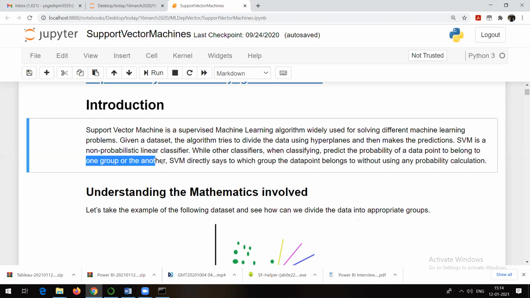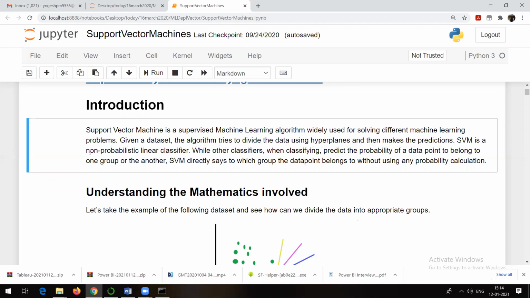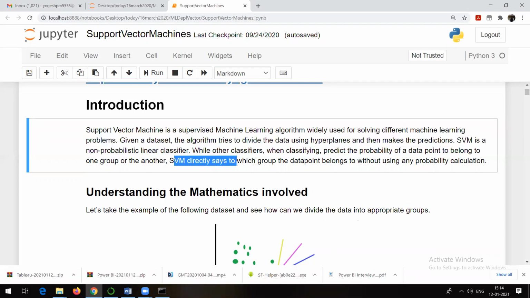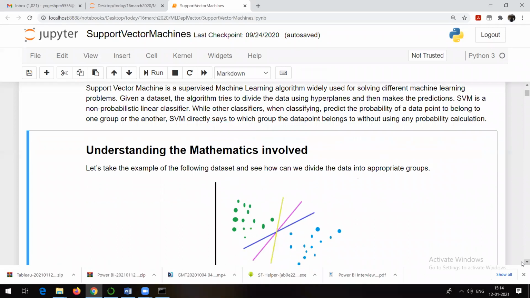That means they make use of probability, but support vector machine does not, and that is the reason why it is called a non-probabilistic linear classifier. SVM directly says which group the data point belongs to without any probability calculation. That's why it is non-probabilistic.